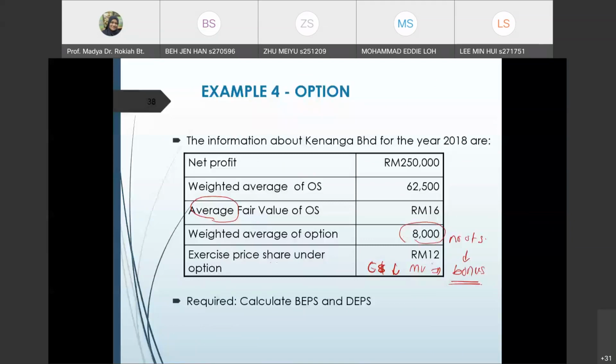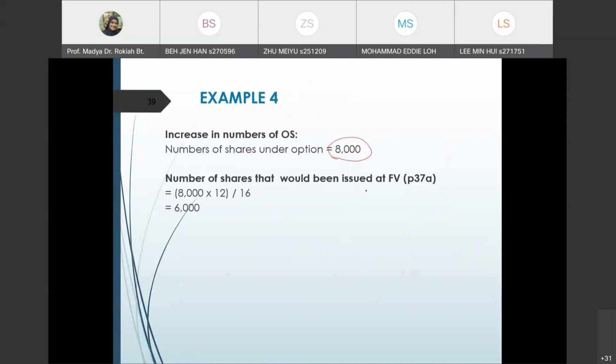The bonus element is the difference between the market value and the exercise price. So we need to find the number of shares that would be issued at fair value. If we issue at fair value, what can we have? 8,000 times 12 divided by 16. Here 8,000 is the number of options in units, times the exercise price divided by market value.